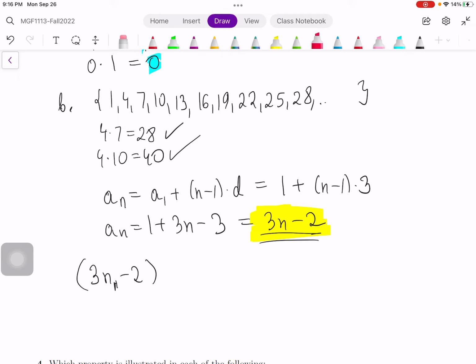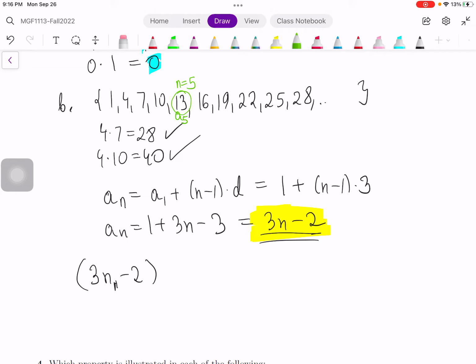For example, 13, I can write as 3 times 5 minus 2, so 13 corresponds to n equal 5. Sure enough, it's the fifth term of this sequence.